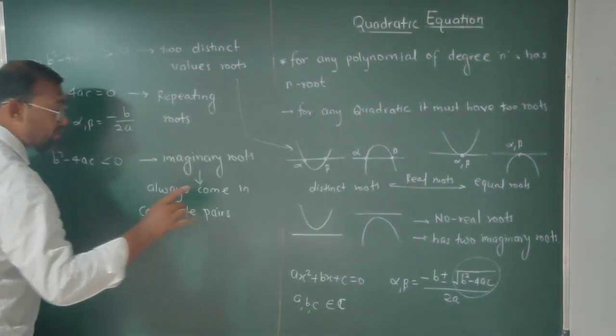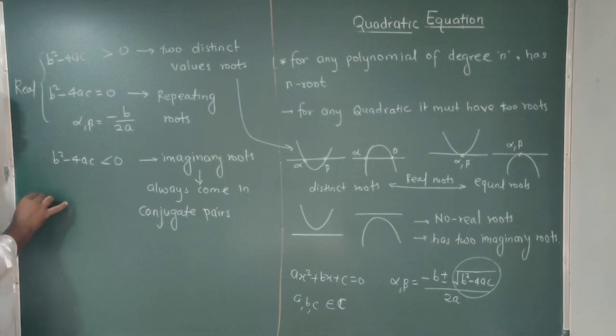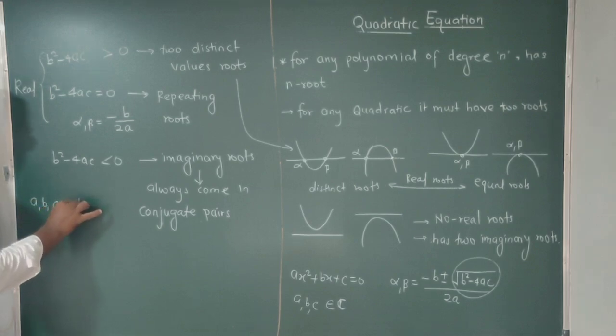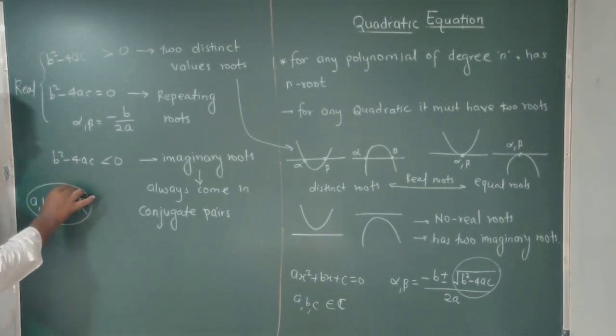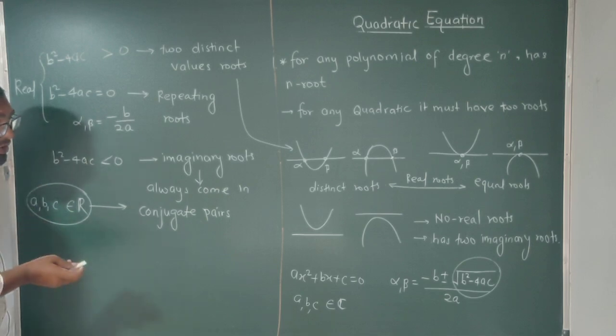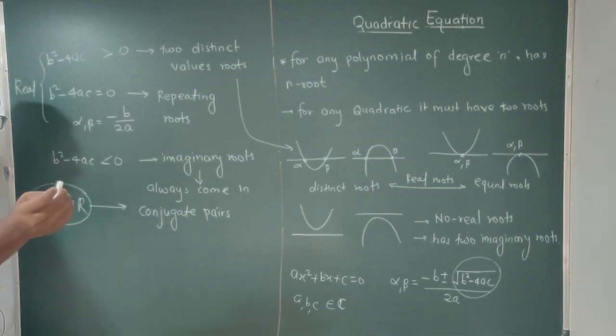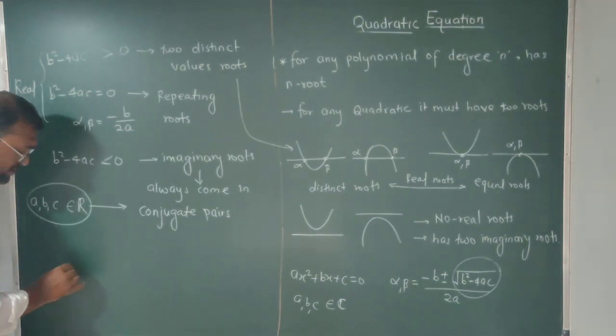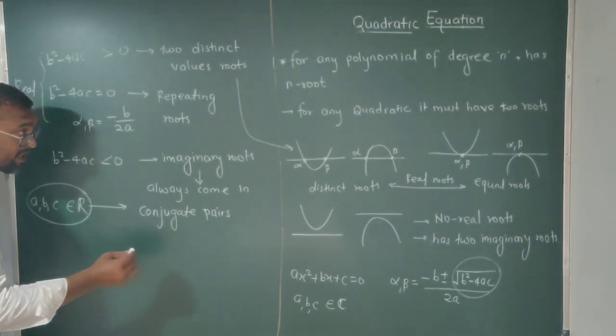This is very important: a conjugate pair of roots is only possible when a, b and c are real numbers. Suppose we have one real root and one imaginary root. I am just taking an example.